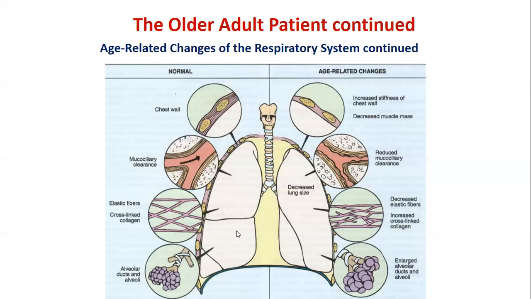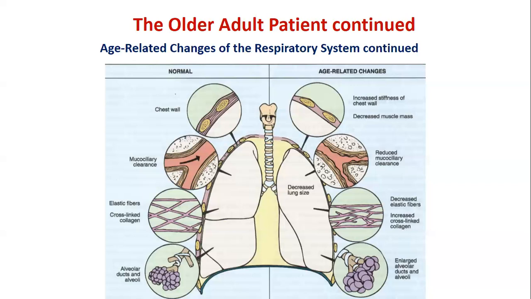Like here I said, mucociliary clearance and elastic fiber decrease, cross-linked collagen increases. It is a structural property of the chest wall altered. Even calcification of the costal ligament occurs.